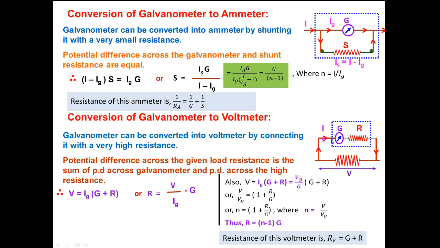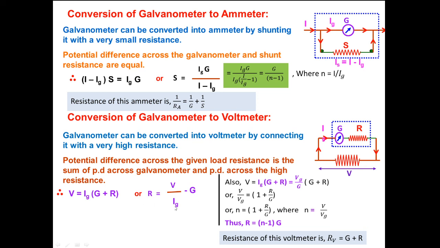Now the current through both, the galvanometer and this high resistance, will be the same, but the potential difference across the given load is the sum of the potential difference across the galvanometer and across the high resistance. So V equal to Ig into G plus R. G plus R is the total resistance in the circuit, or R equal to V by Ig minus G. So that is the value of R.